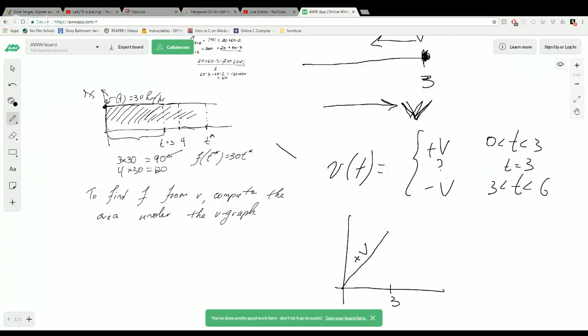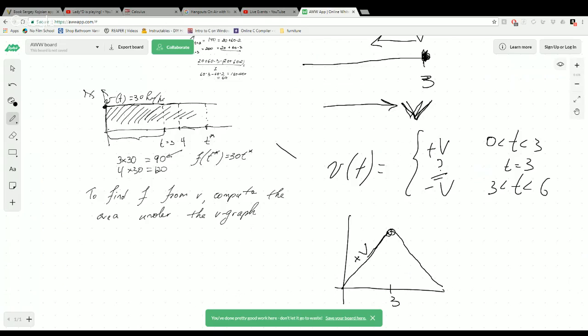After time 3, we go down with negative v slope. So we're going down like this. And notice that our f graph is essentially an absolute value function turned upside down. And at this point, we have an open circle. That's this undefined part.